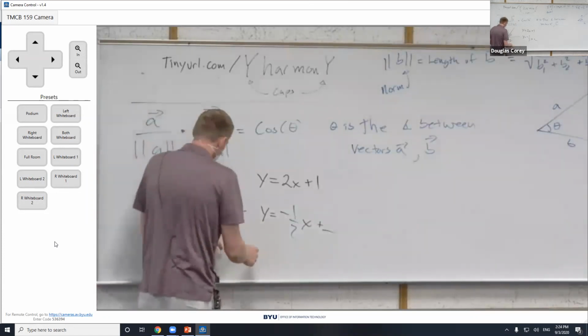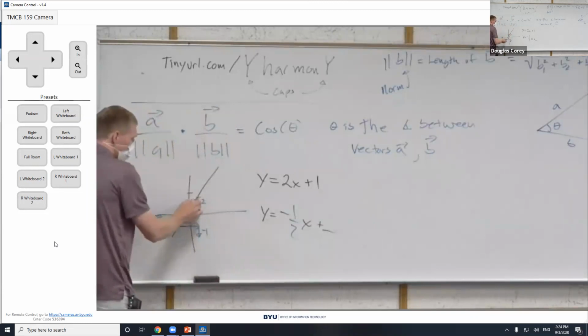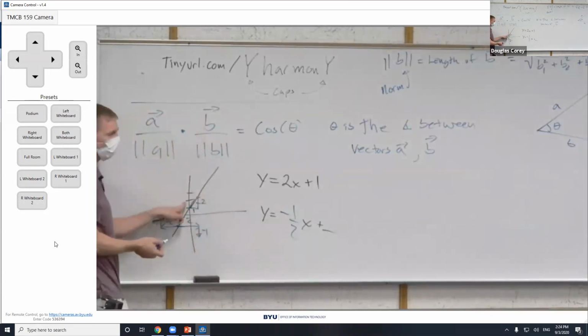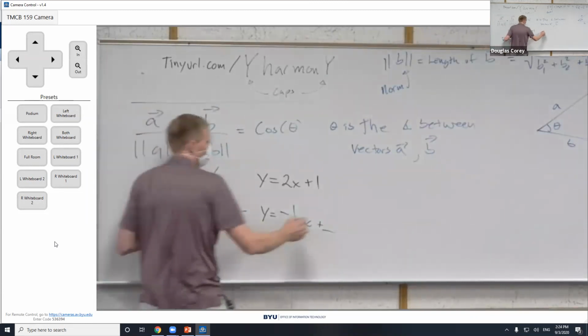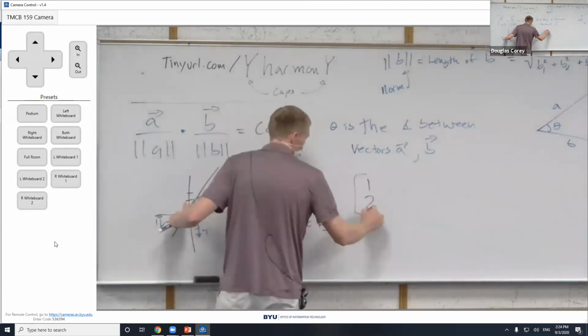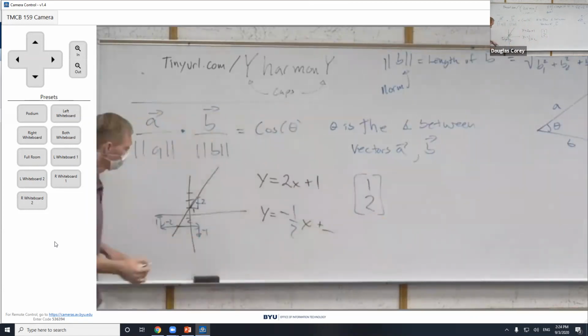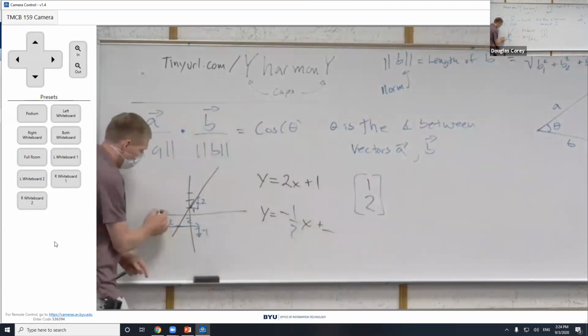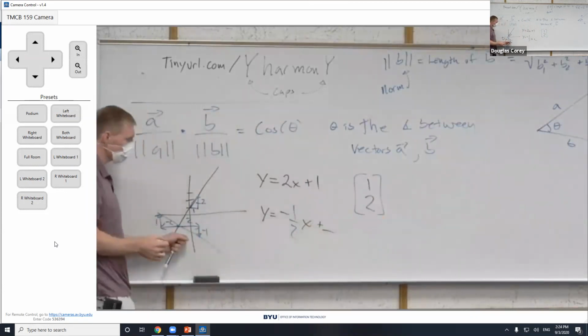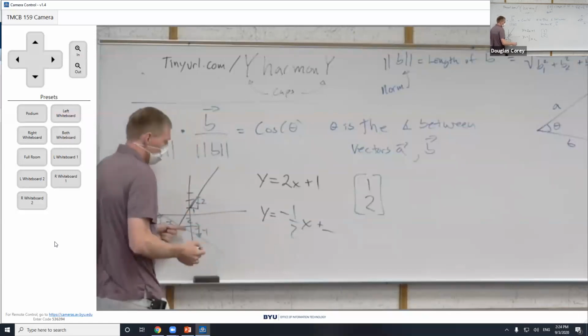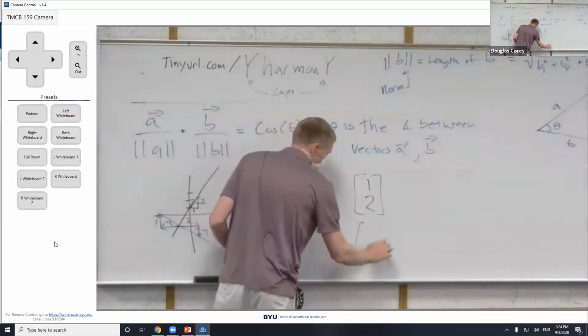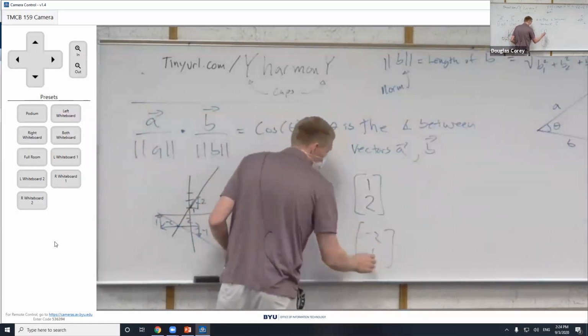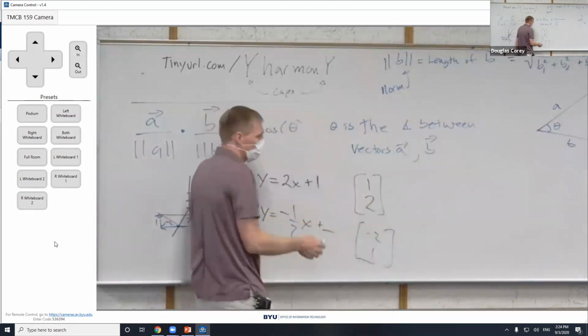If I think of this movement that happens along this line as a vector, what vector do I get? 1, 2: 1 in the x direction, 2 in the y direction. If I think of the movement along the other line, what vector do I get? -2, 1, or 2, -1, it doesn't matter which one I do.